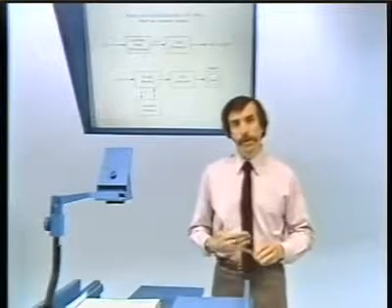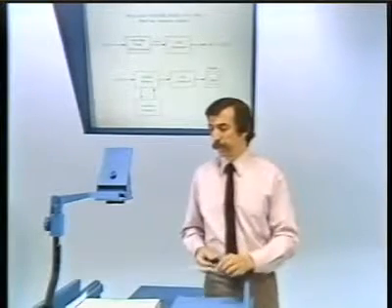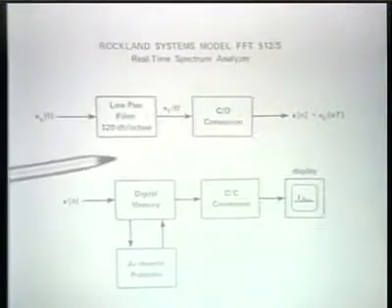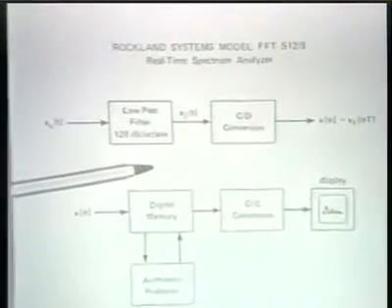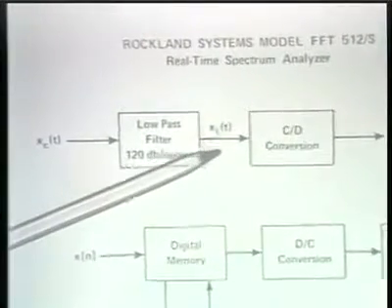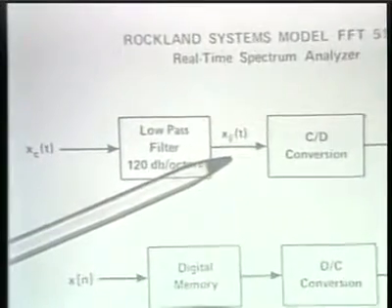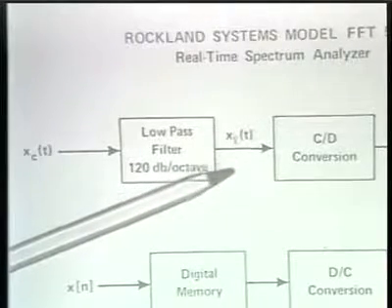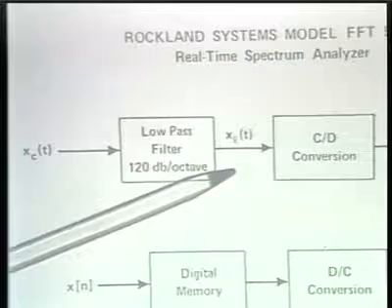So the overall system block diagram first consists of a low-pass filter, and this low-pass filter is used in advance of the sampling process to basically reduce the artifacts that are introduced due to sampling.